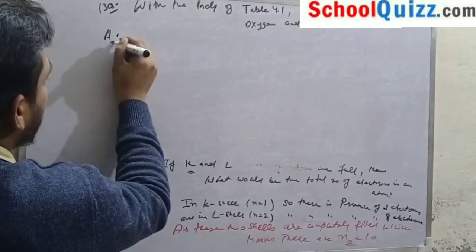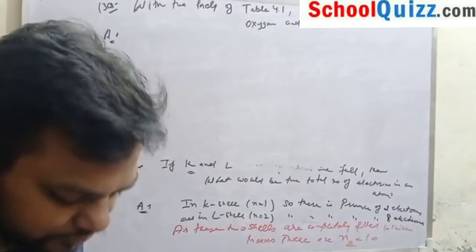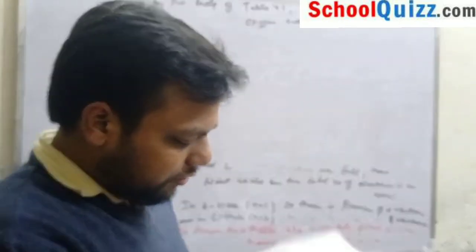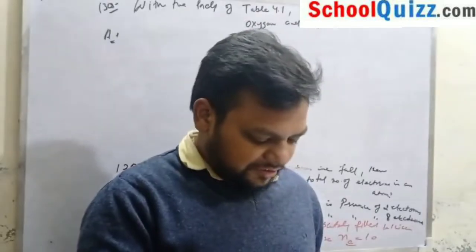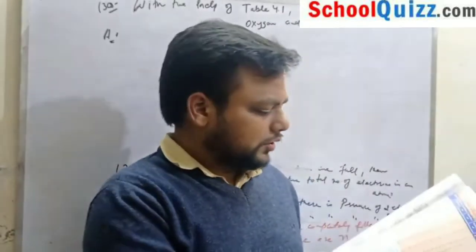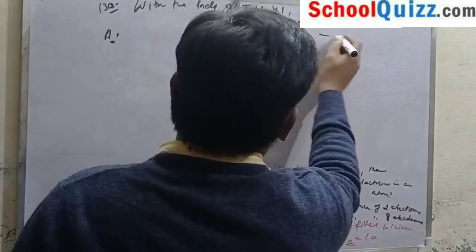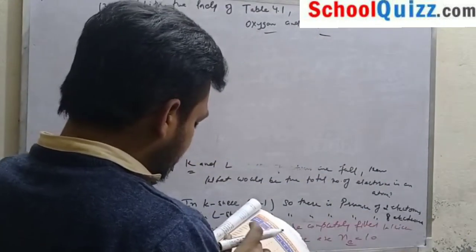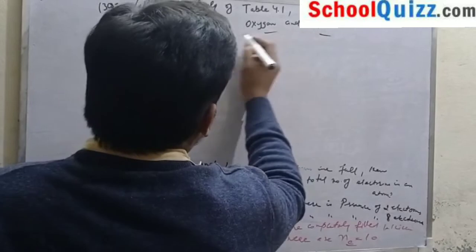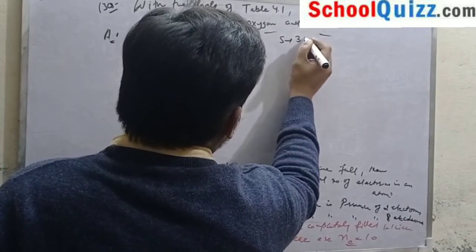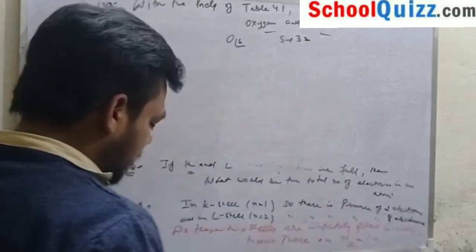So a table is given in your book, on page number 51. According to that, we have to calculate the mass number of oxygen and sulfur atoms. As we know, the mass number of oxygen is 16 and sulfur is 32. So we will calculate here.